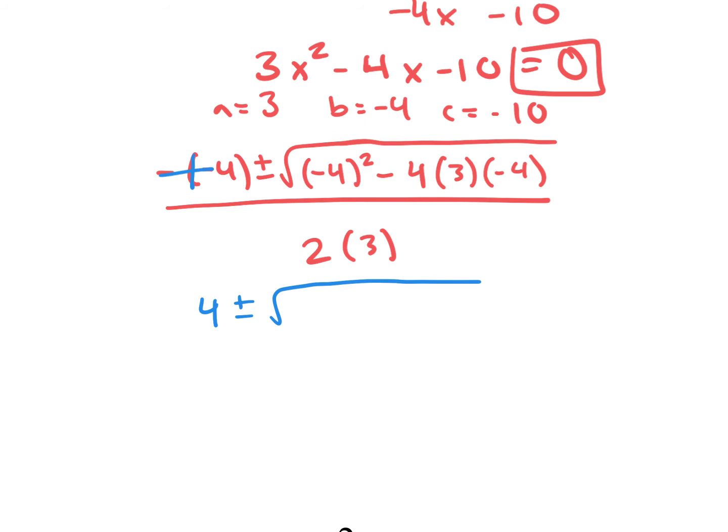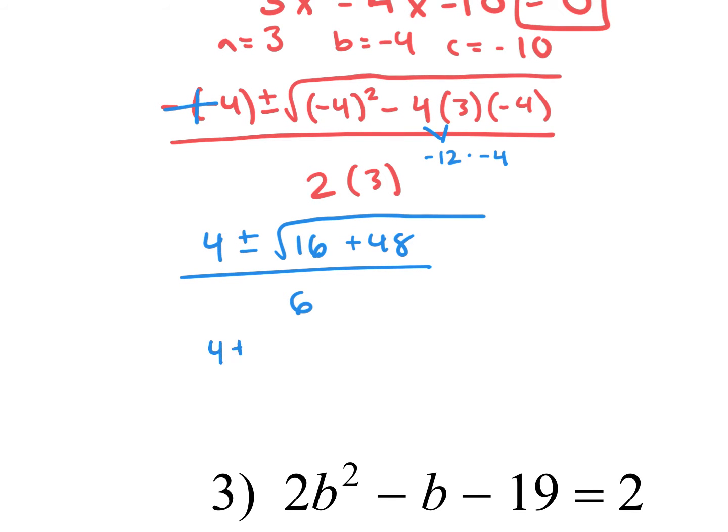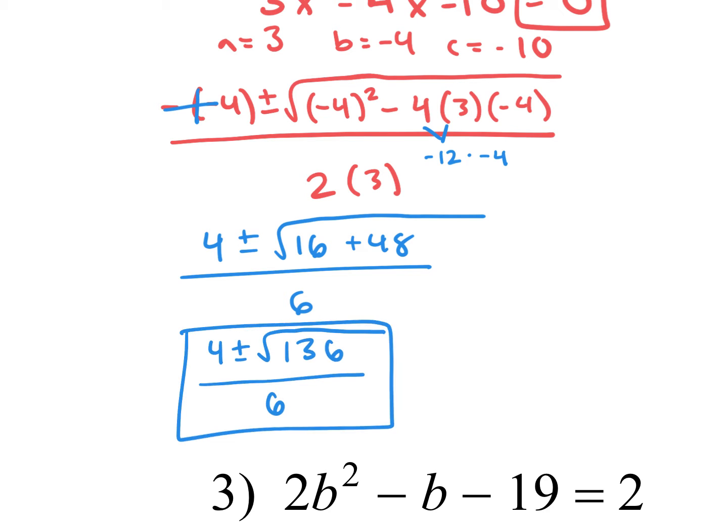Negative 4 times negative 4 is 16. And then I have negative 4 times 3, negative 12. And negative 12 times negative 4, positive 48. And then what's 2 times 3? 6. So I have 4 plus or minus. What is 16 plus 48? 136 over 6. That's my answer.